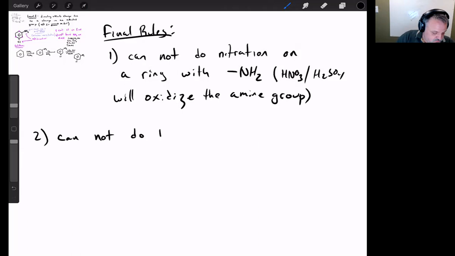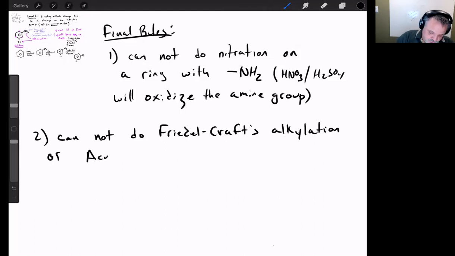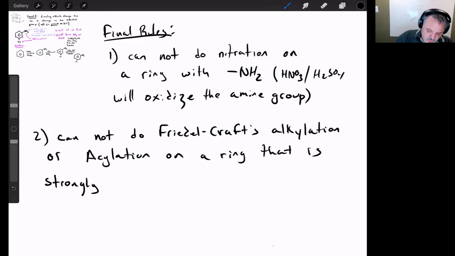So you cannot do Friedel-Crafts alkylation or acylation on a ring that is strongly or moderately deactivated.